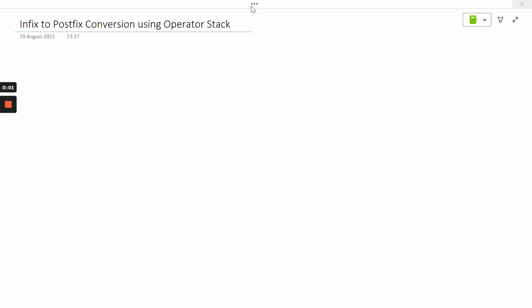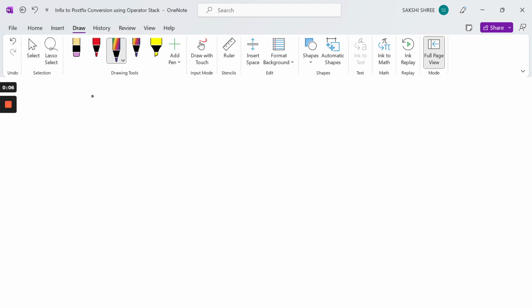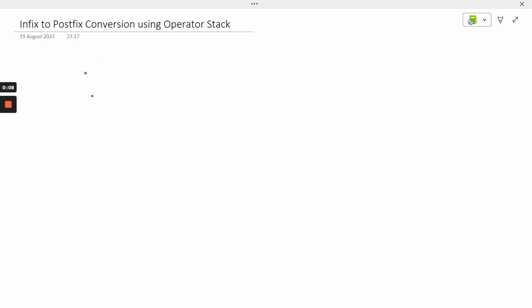Hi friends, in this video we are going to learn how we can convert an infix expression to a postfix expression, and now our actual stack that we have learned will come into the picture.